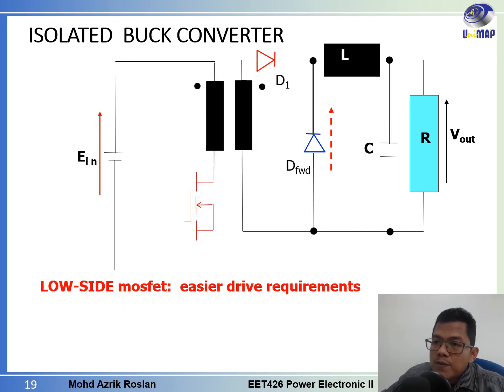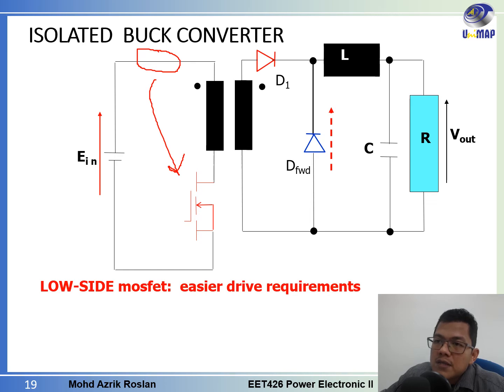If you compare this slide and the previous slide, what has changed is the switch has been moved from this side to this side. Why do we want to move the switch here? We are discussing the way we construct the circuit. Originally, if you want to have the buck converter, the switch is here, and then you put the transformer.